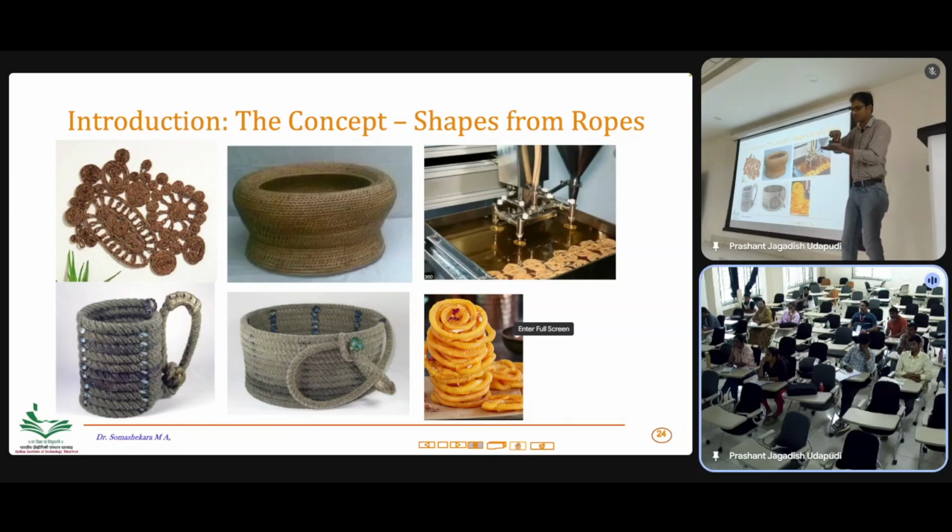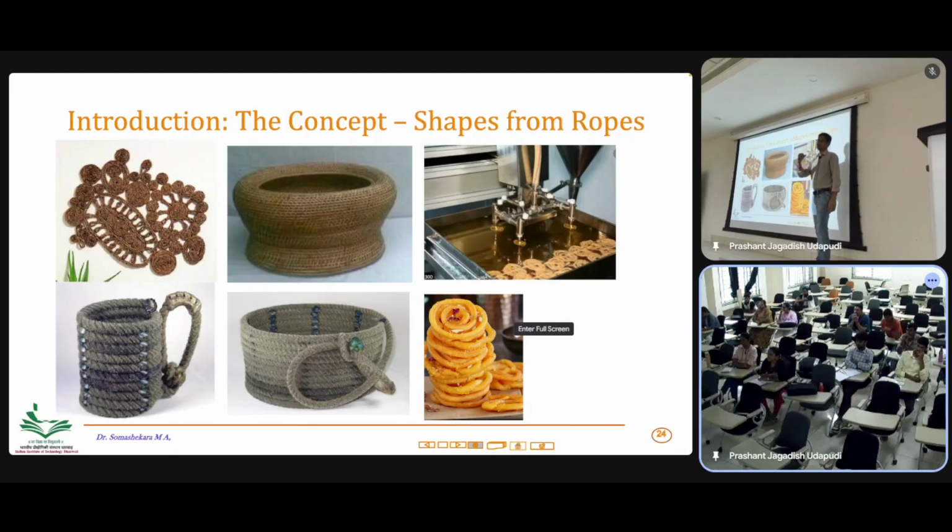Think about putting the rope one after another, and then using different gluing methods so that you can stitch them together and form a three-dimensional object, right? Similarly, if you want to make a jalebi, you use an extruder and push. Of course, we also do it manually.